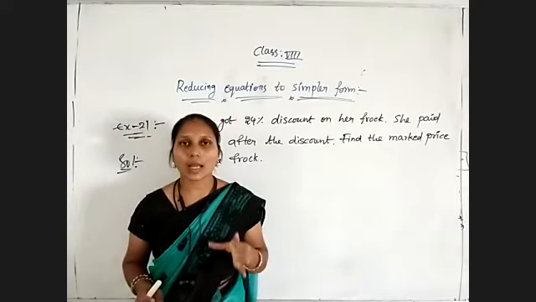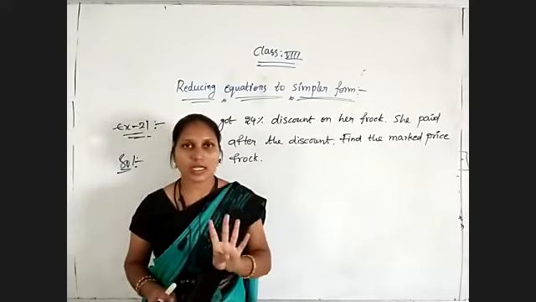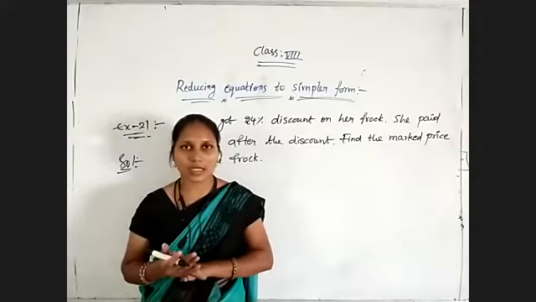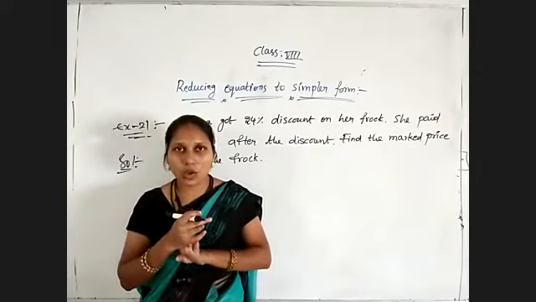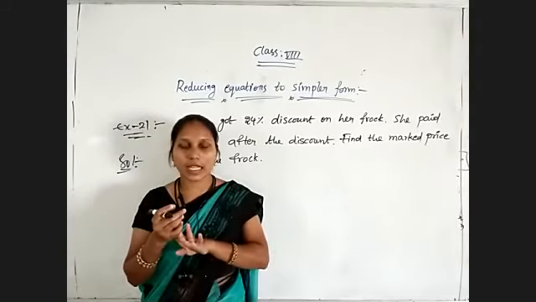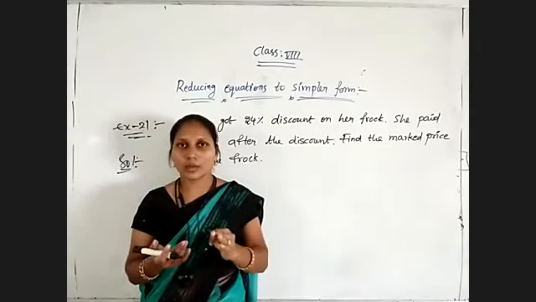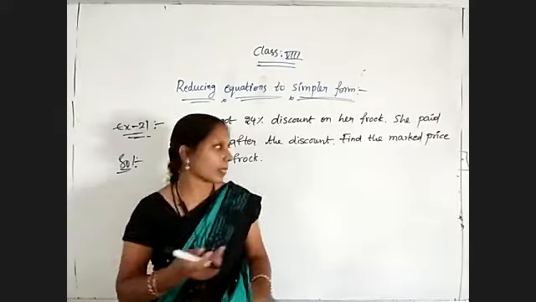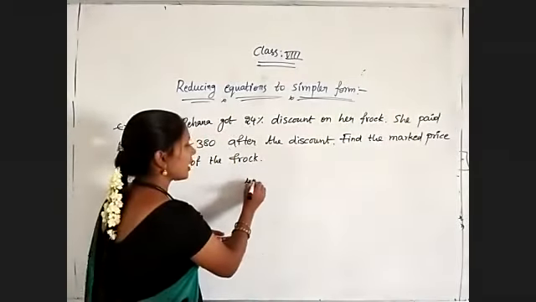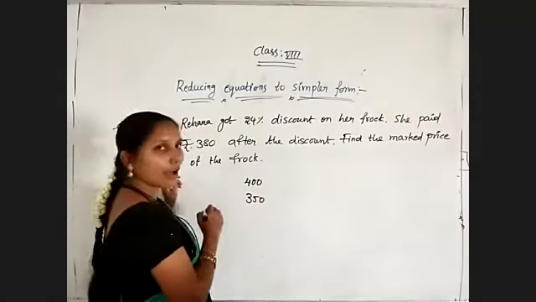Suppose for a shirt, 400 rupees is its original price. After a discount of 50 rupees, 350 is what they paid. The actual amount is 400 rupees, but they pay only 350 after the discount.